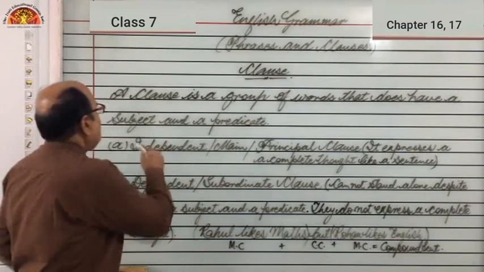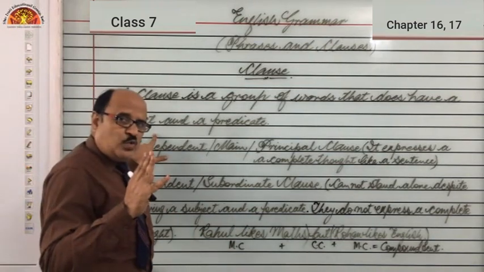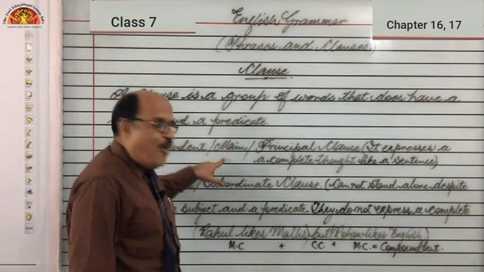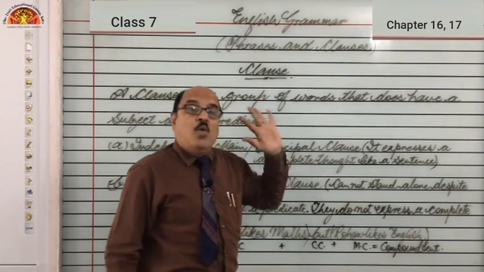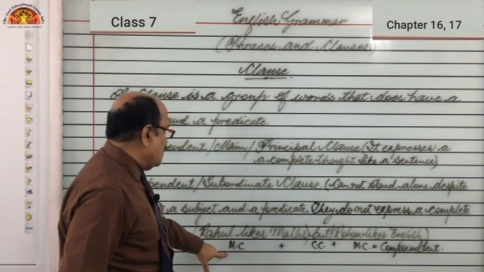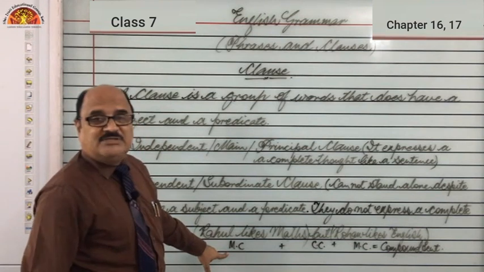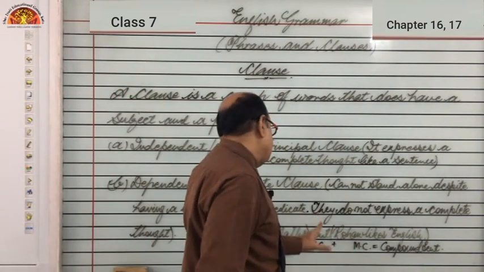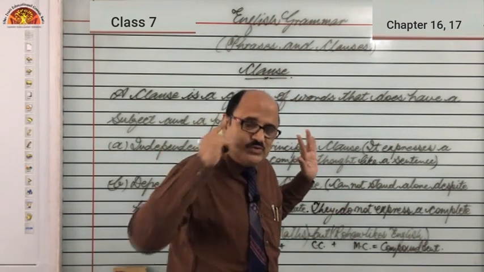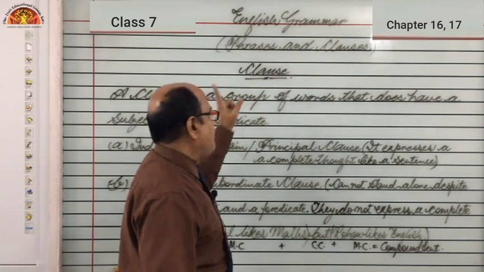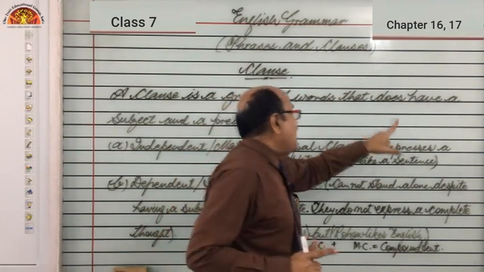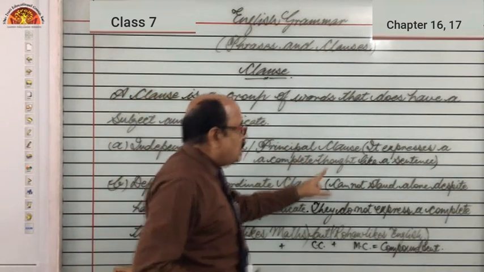So look here. There are basically two kinds of clauses. One is independent clause, you may call it main clause, or you may call it a principal clause. As we have used main clause, look here, this is known as main clause, this is known as independent clause, this is known as principal clause. Likewise, this part, Rohan likes English, this is independent, this is main, this is principal clause, right students? Why? Because main clause, principal clause, independent clause expresses a complete thought like a sentence.